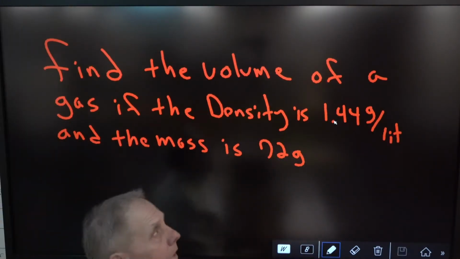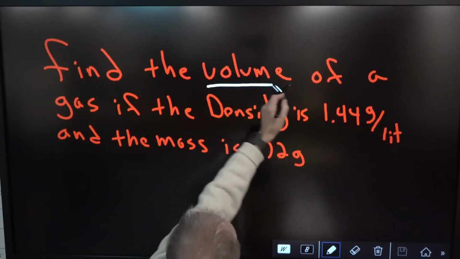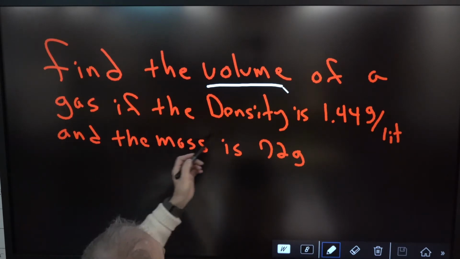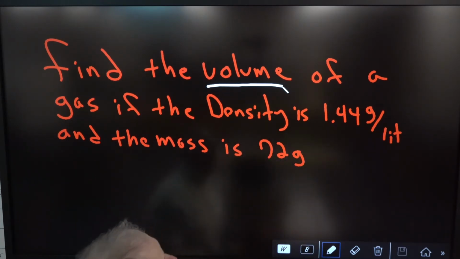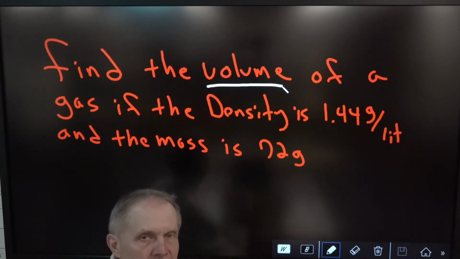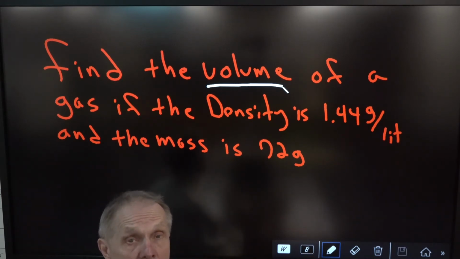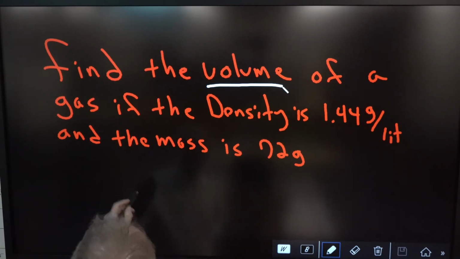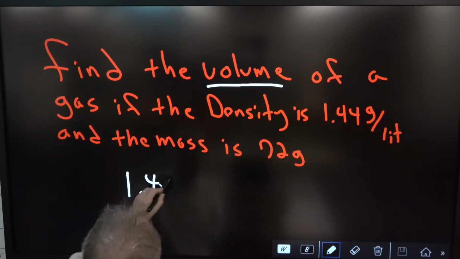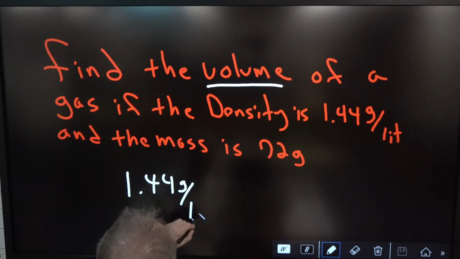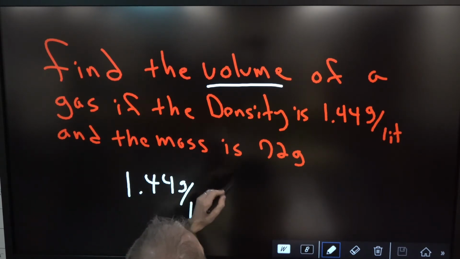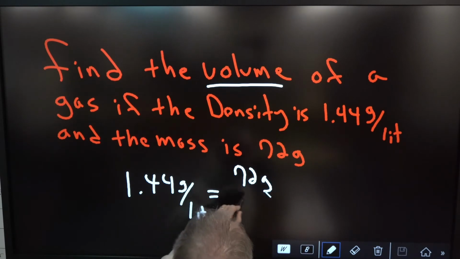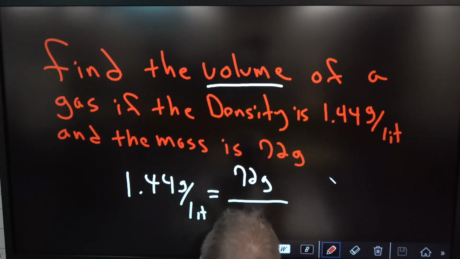So, it says find the volume of a gas if the density is 1.44 grams per liter and the mass is 72. This trips up students because the unknown is in the denominator. So, we have 1.44 grams per liter equals 72 grams over volume.